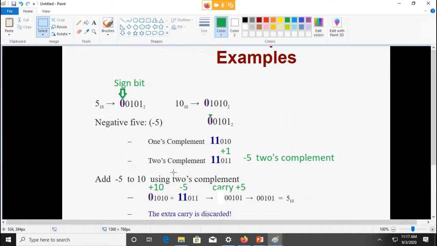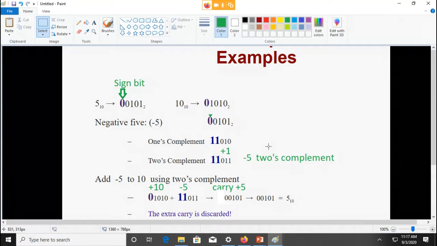So 2's complement is how we deal with subtracting numbers. And the reason for that is because if we tried to build a subtraction circuit, we would have to worry about borrowing from the next higher column within the number. And building that electronic circuitry inside of a computer is just a nightmare.